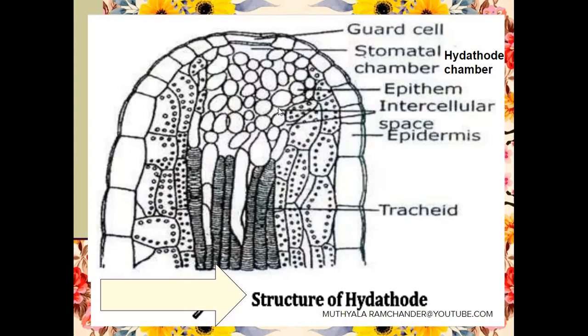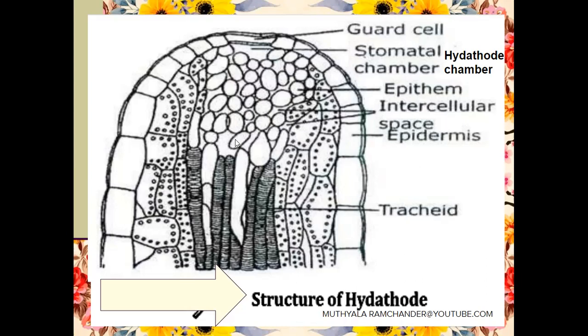This type of tissue is called epithelium tissue. The epithelium tissues are connected with the xylem tracheids. It is the structure of the hydathode.